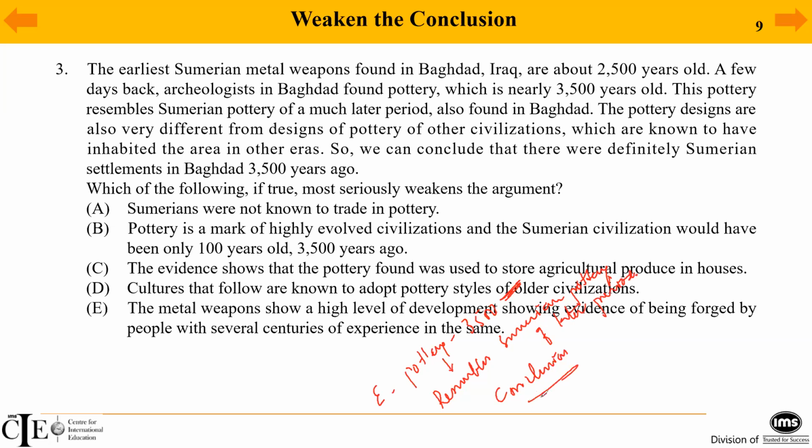Therefore, the conclusion is saying that there must be Sumerian settlements in Baghdad before. So we have to weaken the evidence.